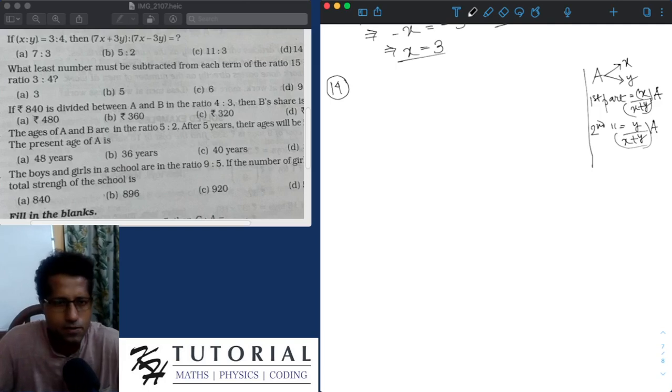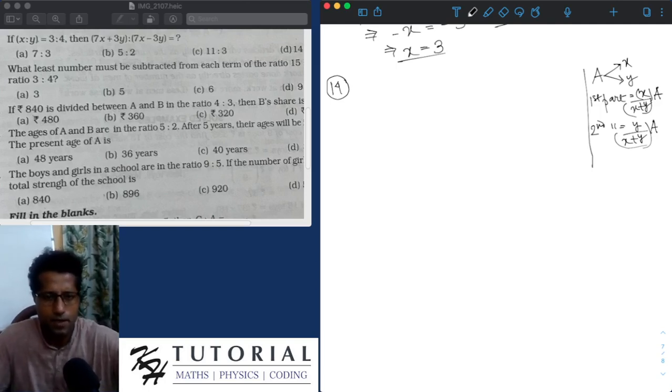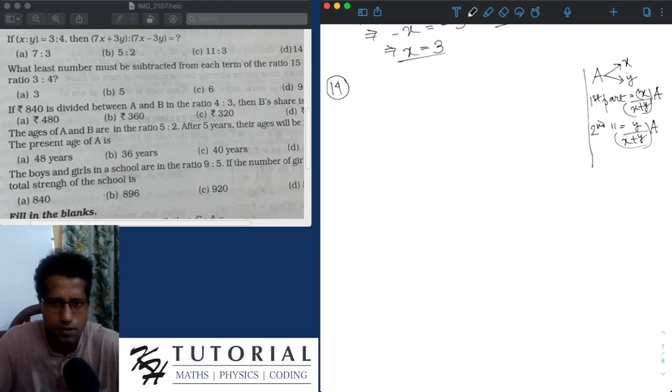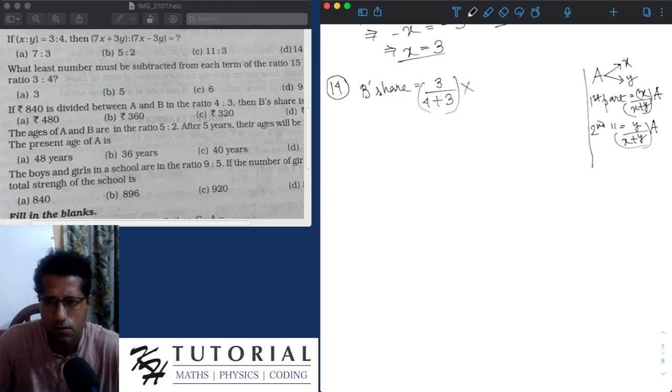Using this concept, if rupees 840 is being divided between A and B in the ratio 4:3, we can directly apply the formula. B's share will be 3 by 4 plus 3 multiplied by the total amount to be divided, which is rupees 840.